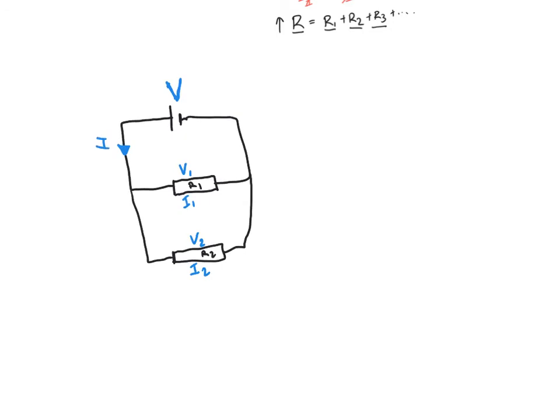Let's start with Kirchhoff's first law again. The sum of currents going into a junction, so I, should be equal to the sum of the currents coming out of that junction, I1 plus I2. Then we go to our second expression, which will be in terms of potential difference.